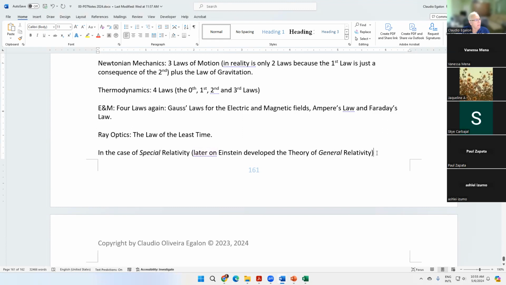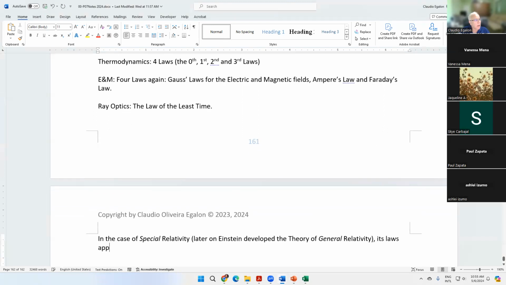Relativity, its 2 laws, apply only to inertial referentials. Okay, what are inertial referentials?